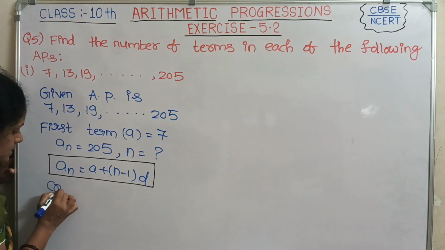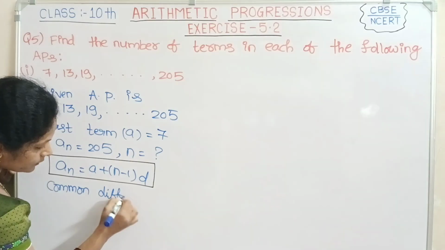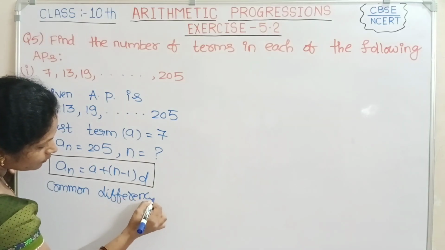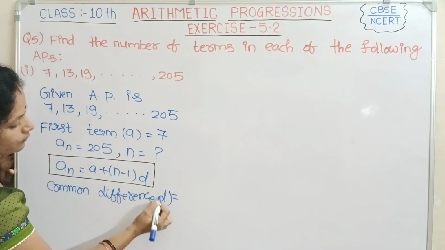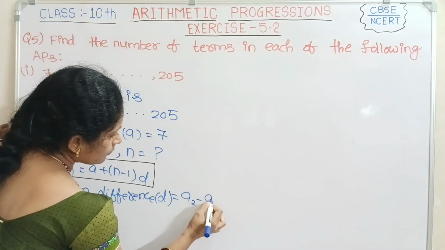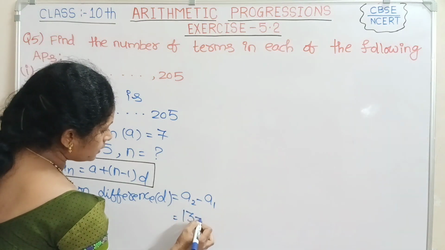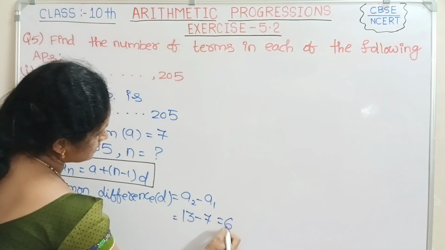The common difference d is calculated as d is equal to a2 minus a1. a2 is 13. 13 minus 7 is 6.